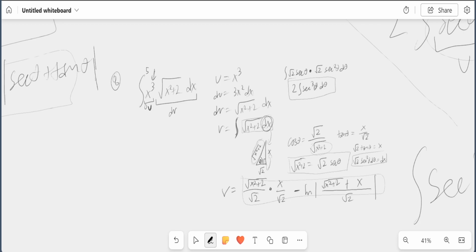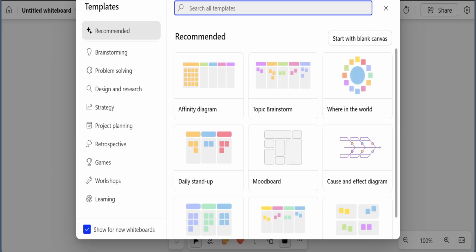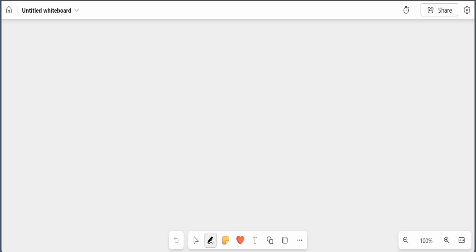Because that's not an x cubed. I misread the problem actually. Whoops. I'm just going to make a new one. That was not x cubed, that was x cube root. So I actually just misread the whole problem. That's why it didn't work.